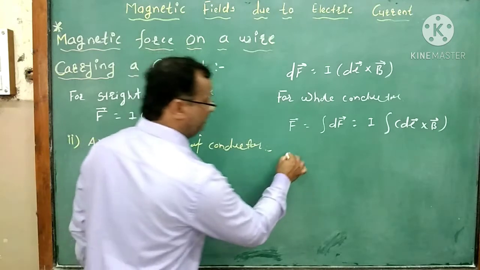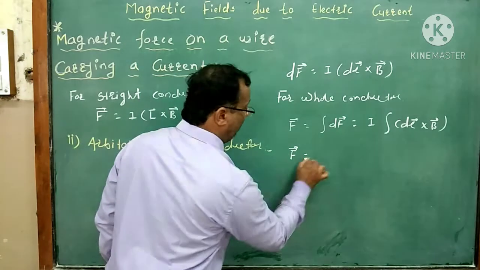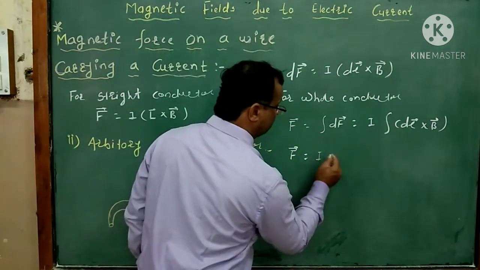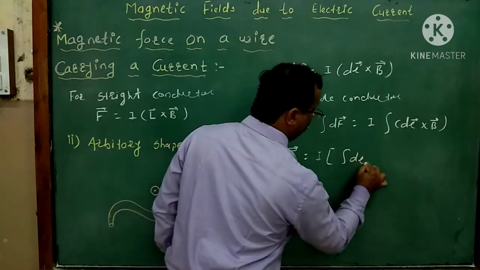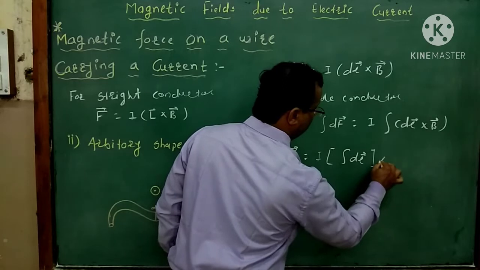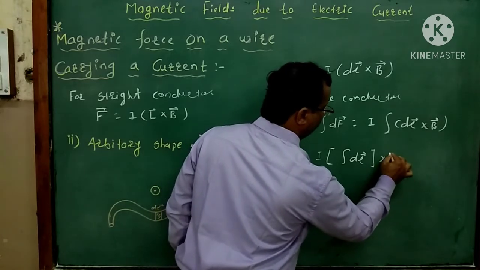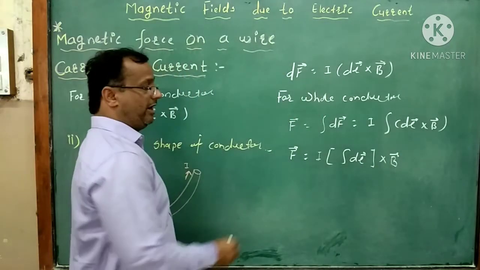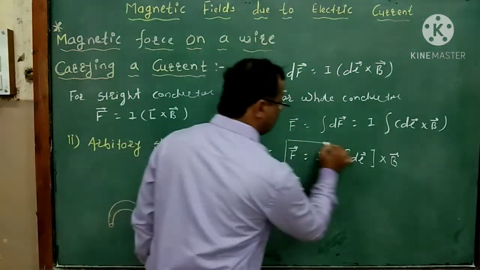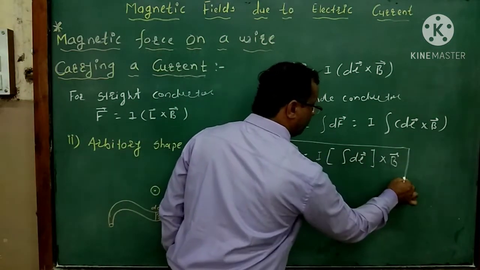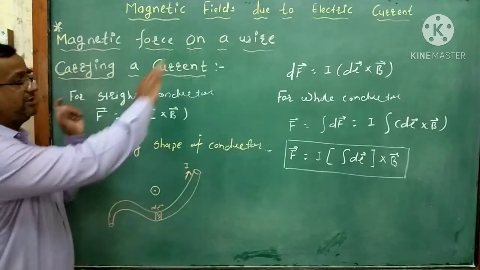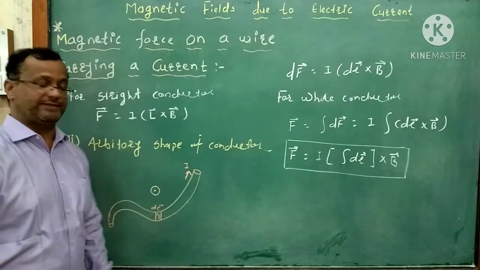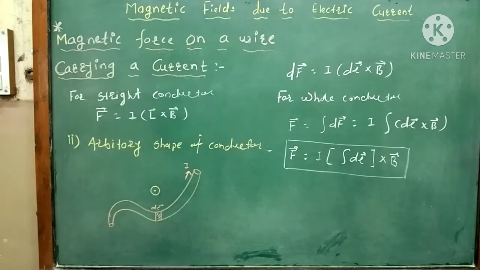Then this equation is written as vector F equal to I times, inside the bracket, the integration of simply vector dl, cross vector B. Right? Now this will be the equation of force for the arbitrary shape of the conductor. Right? See all the equations once. See.